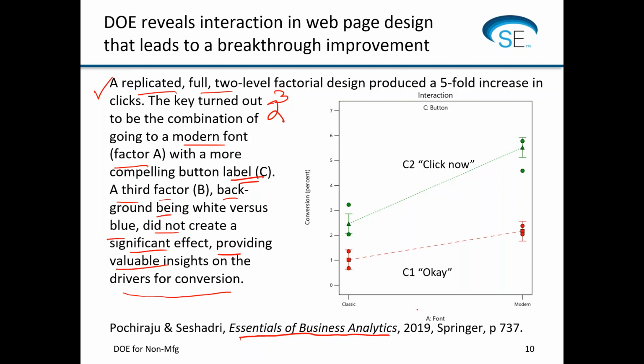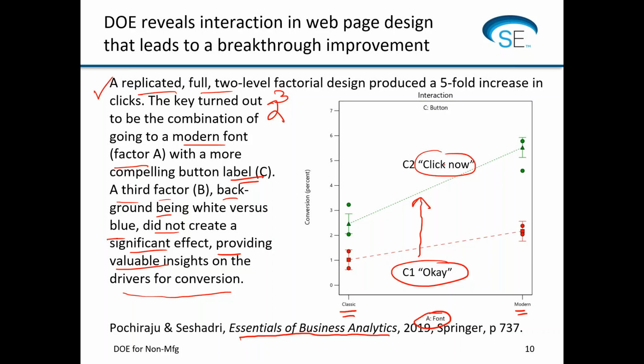And you can see here the fundamental aspect of an interaction, that the effect of one thing, the font type, going from classic to modern, depends on the other thing, which is whether the button says OK or whether it says click now. So there's a main effect that's compelling in switching from the OK to the click now button.